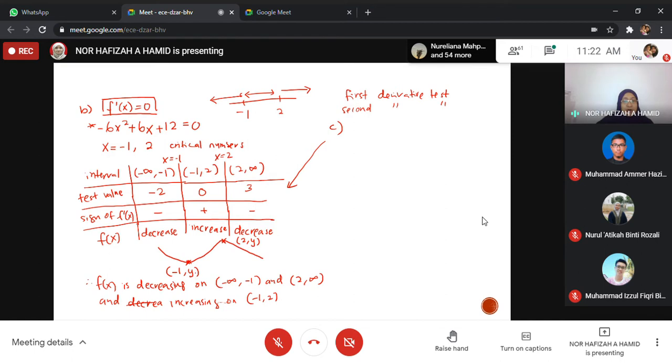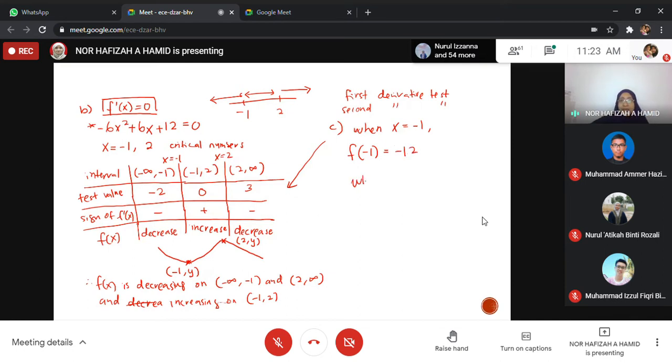To calculate y, substitute the value of x back into f(x). When x equal to -1, substitute into f(x), into the original equation, and you will have -12.